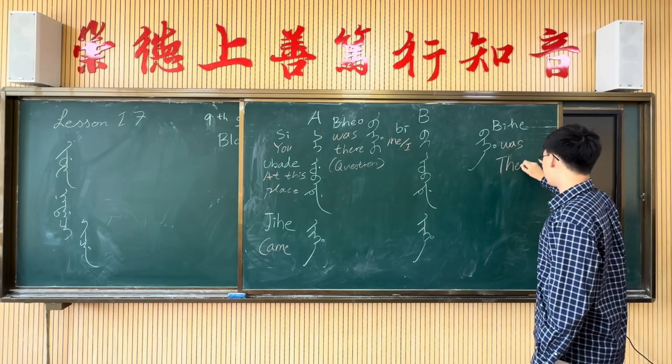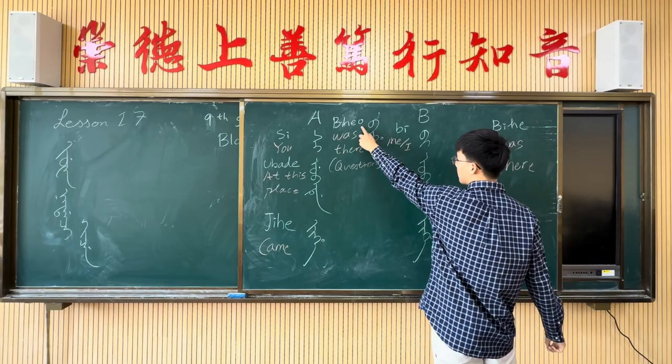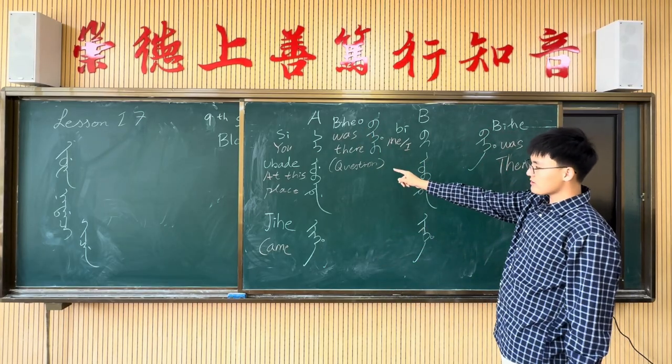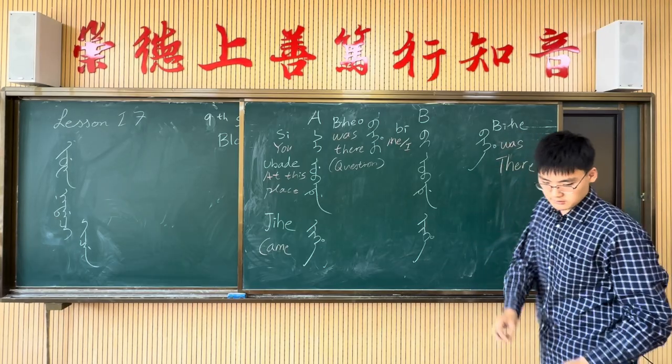The only difference with this and 比后 is that 比后 has a 10th syllable, which means that it's asking a question. And 比何 does not have it, which means that he's stating something.